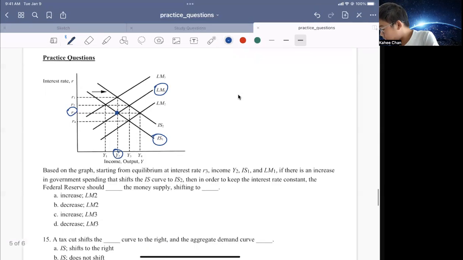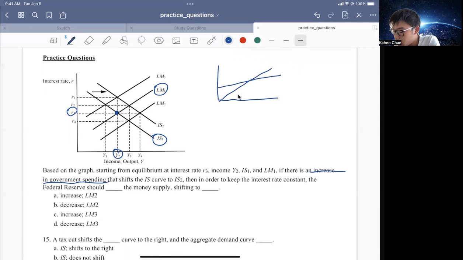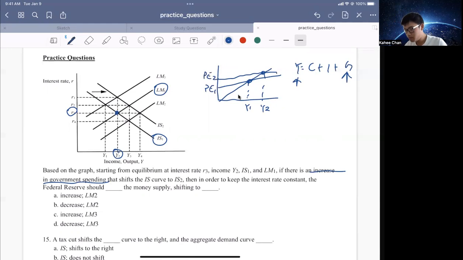So when there's an increase in government spending, what does it affect? It affects Y, right? Because everything here, if we're increasing G, we're increasing Y. So Y is shifting from Y1 to Y2. Of course, planned expenditure.